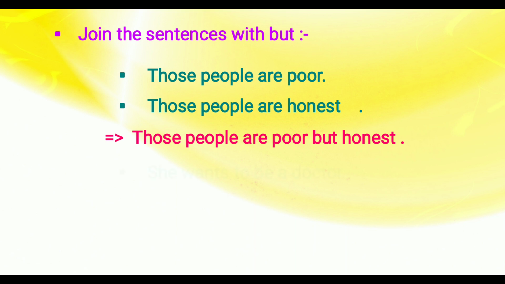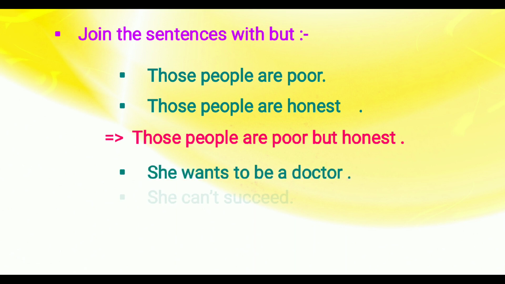Understand? Let's move on. She wants to be a doctor. She can't succeed. Can't succeed means she cannot be a doctor. She tried but she can't succeed. So here what can we do?